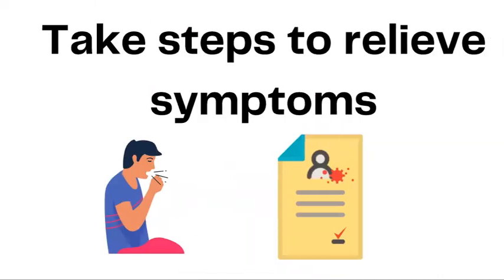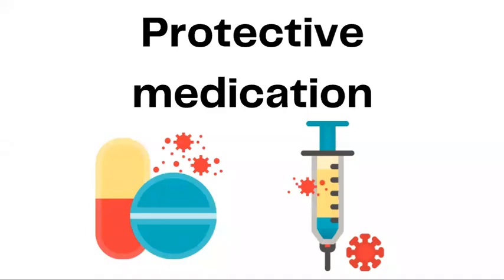Then comes the steps to relieve the symptoms of RSV. But before that, I will tell you about the protective medication. Medication like palivizumab, given in the form of an injection, can protect certain infants and children 2 years old or younger who are at risk of developing serious complications from RSV.